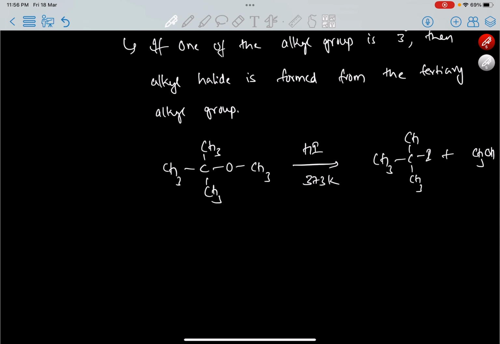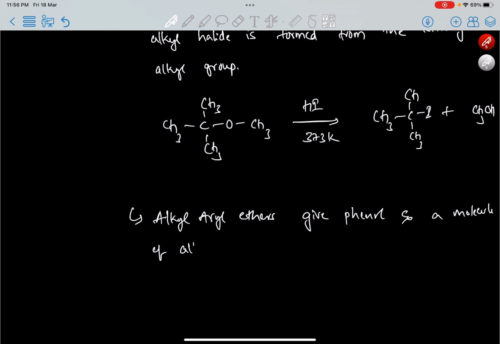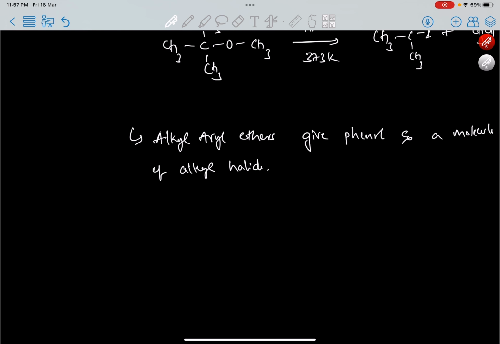Apart from these alkyl side chains, if we talk about alkyl aryl ethers, they always give phenol and a molecule of alkyl halide. What does it mean?